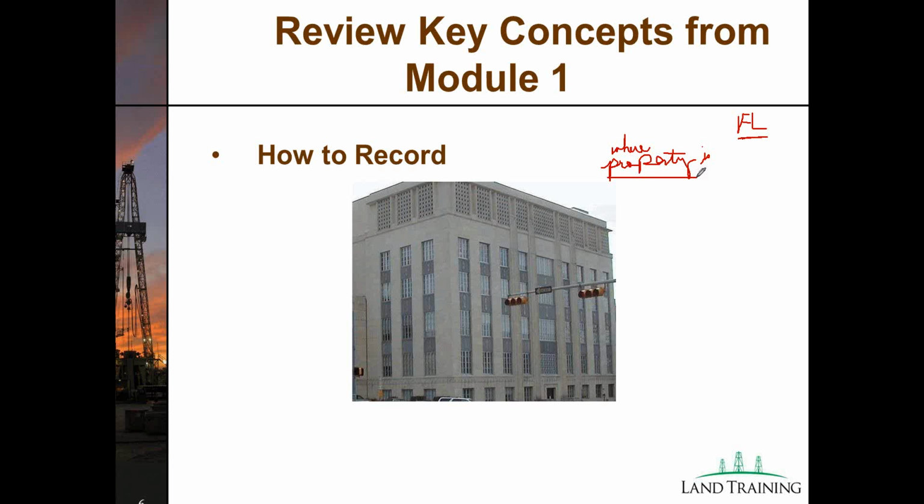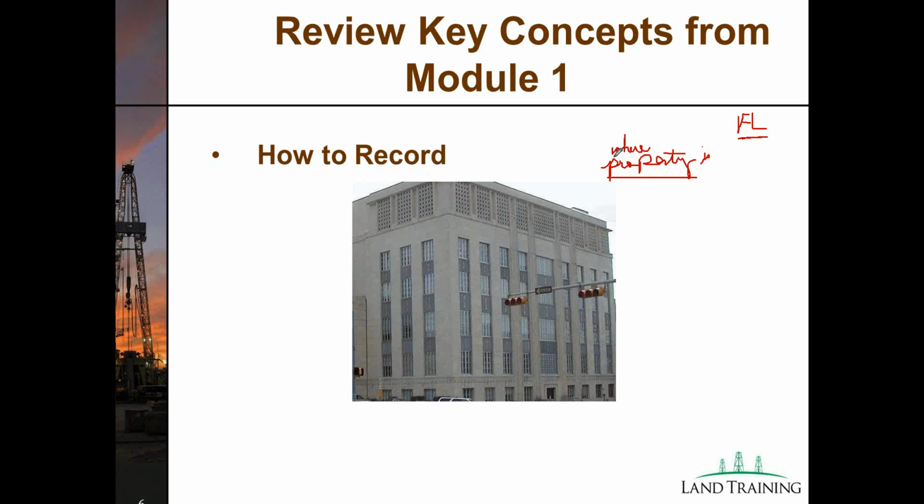When we would go to record it, we would give both originals to the county clerk. She would stamp both copies, keep a copy for her files, and then you had an original stamped copy for your land records or your lease records. In this age of digital imaging, I'm not sure that's so important anymore, but it's a good way to track exactly the documents that you have and what the volume and page is, in case there's any kind of dispute.